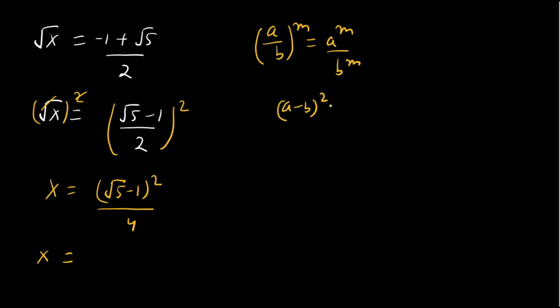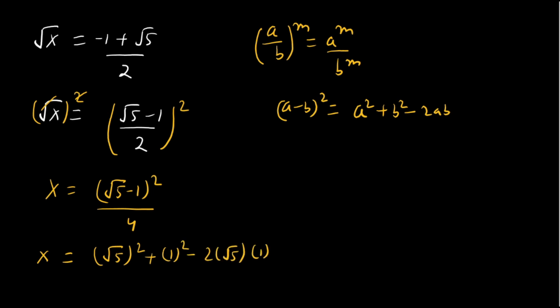We know that the algebraic identity of a minus b whole square is a square plus b square minus 2 times ab. If we apply this rule here, then we get square root of 5 whole square plus 1 square minus 2 times square root of 5 times square root of 1, over 4. Then x is equal to square root of 5 square, where the square root is cancelled out by the square, so 5 plus 1 square, which is 1, minus 2 times square root of 5, divided by 4.